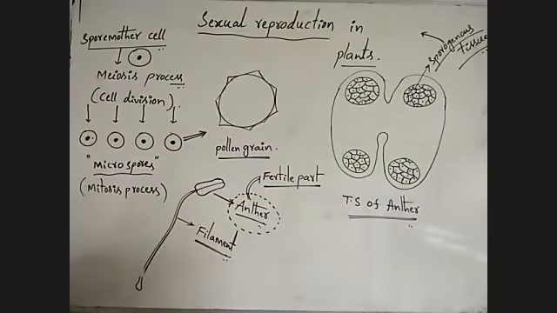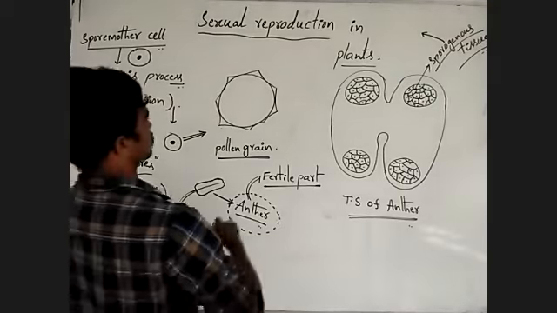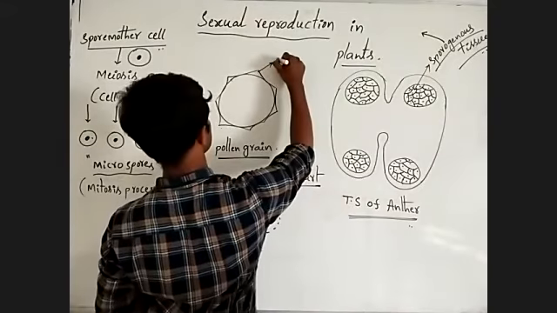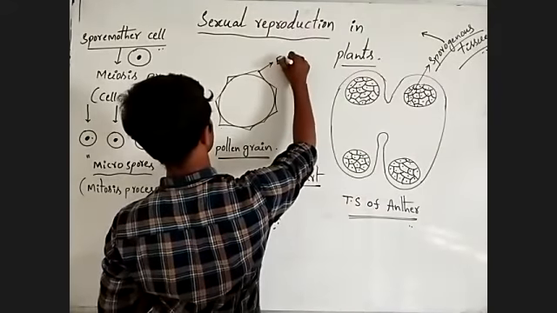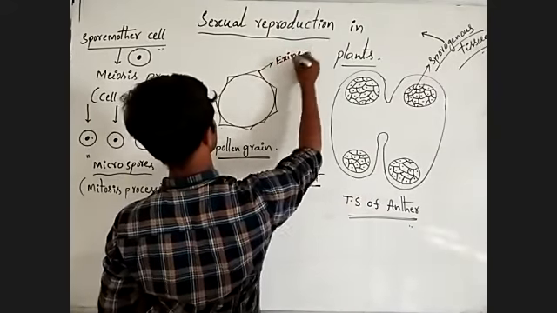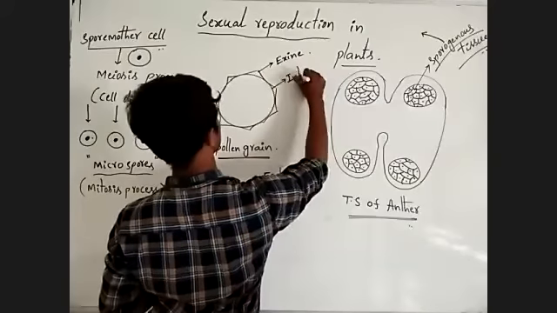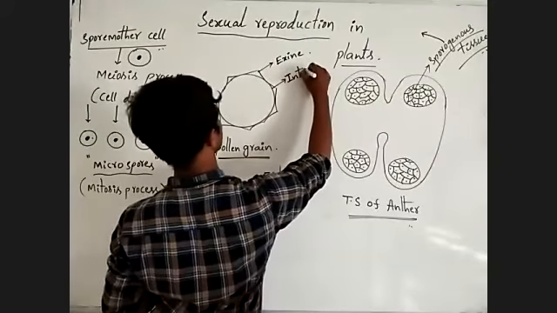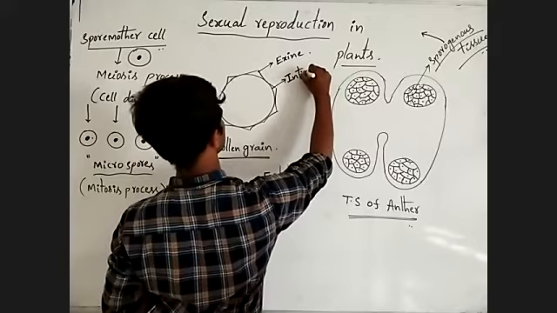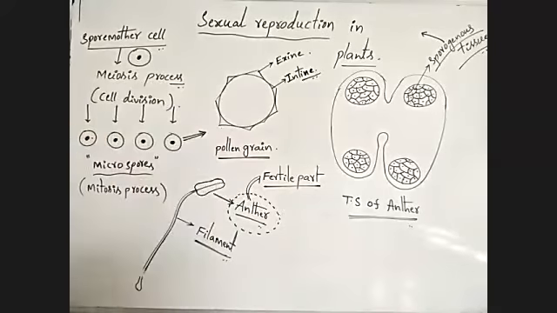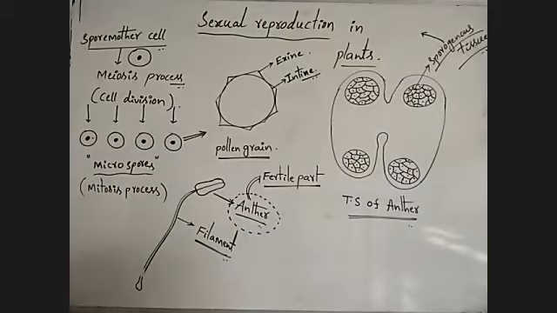Observe carefully. The pollen grain is surrounded by two membranes, exine and intine.